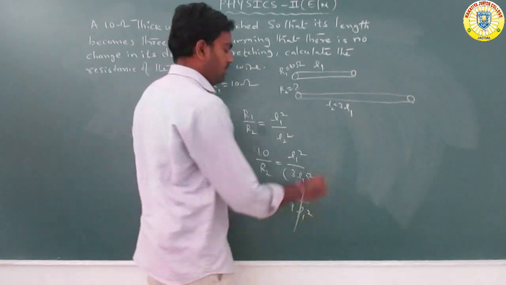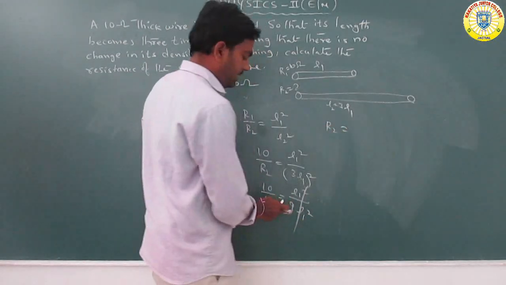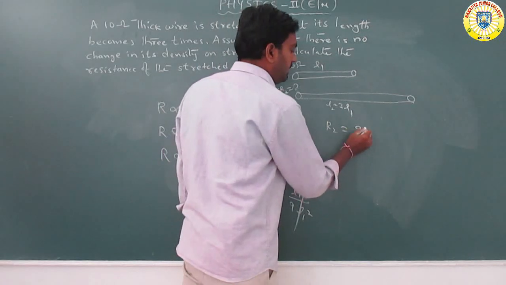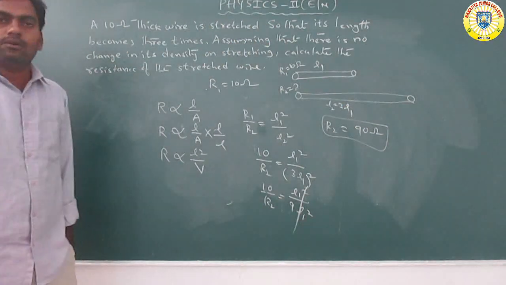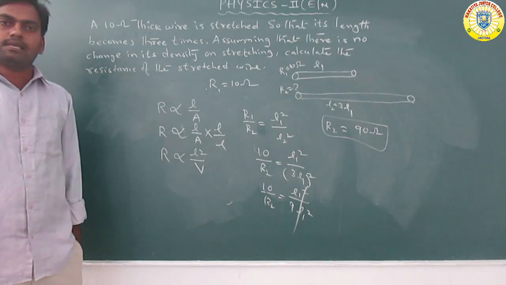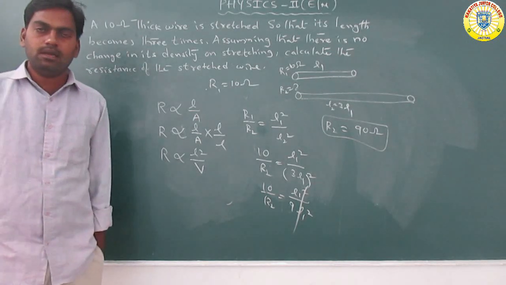These cancel. R2 is equal to 9 into 10, which is 90 ohms. So this is the resistance of the second wire. Got it? Okay.